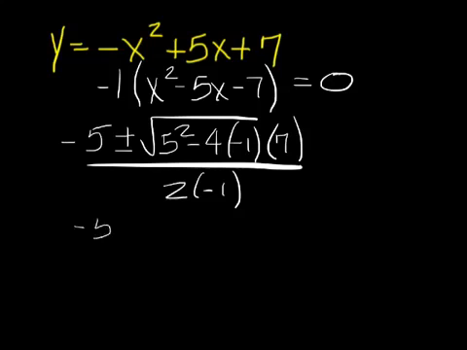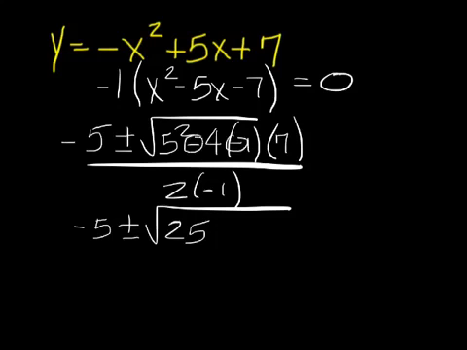So when we simplify this, negative 5 plus or minus the square root of 25, is it going to be minus or plus? Plus, you have minus and negative, so it's plus. 4 times 1 times 7 is 28.